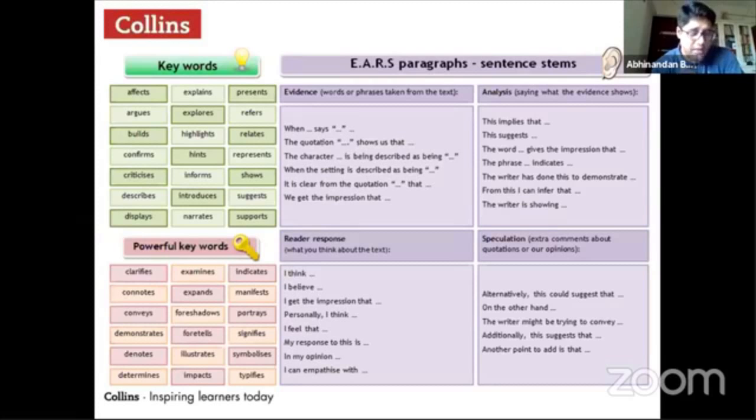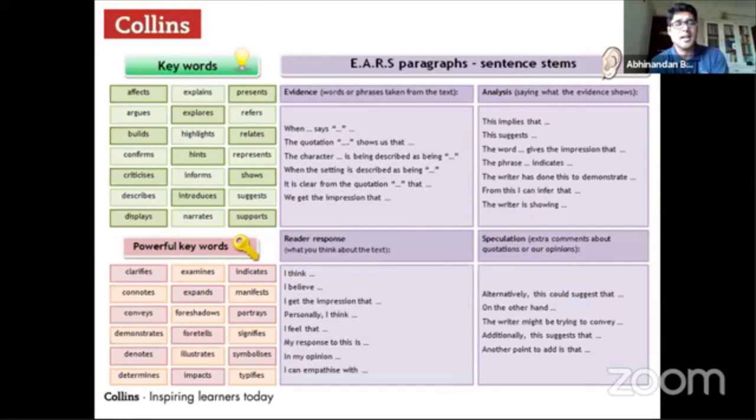I believe, personally, I think, my response to this is. So talk about the reader's response, because that will talk about the mood created, and you can make a speculation, extra comments about the quotations, or you can give your opinions. Alternatively, so this is exactly what we talk about, the associated meaning. You branch out the thread of ideas and talk about the associated meaning over there.